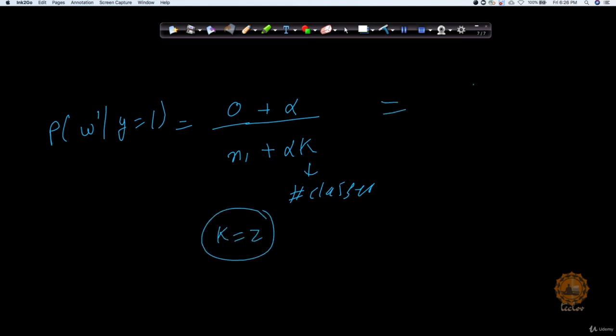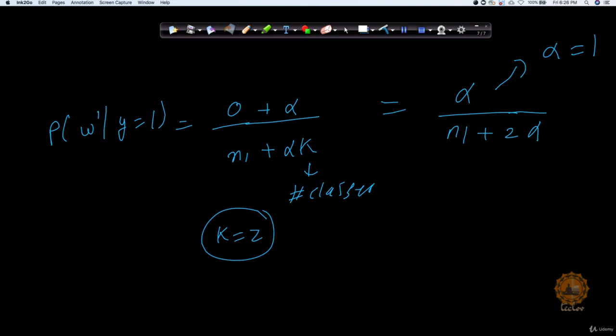So my value will become n1 plus alpha, divided by n plus 2 alpha, like this. Now typically we take the value of alpha as 1. Generally we keep it at a reasonable value, and definitely it is a hyperparameter, so you can always change it and see where your model is giving you the best output, and you can stop there. That's something that is always in your hand.